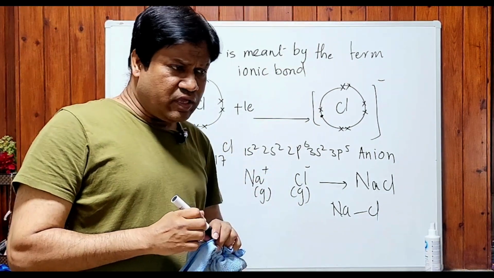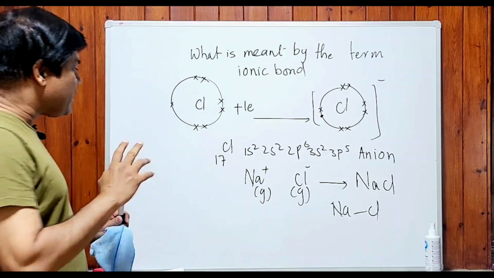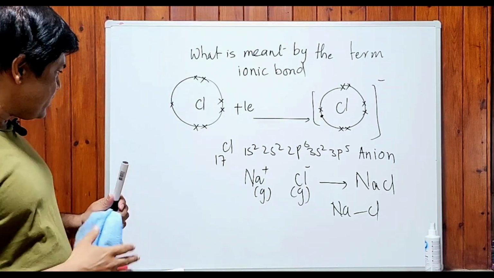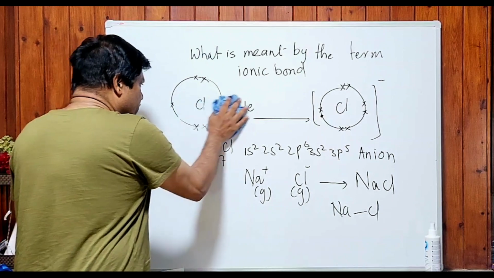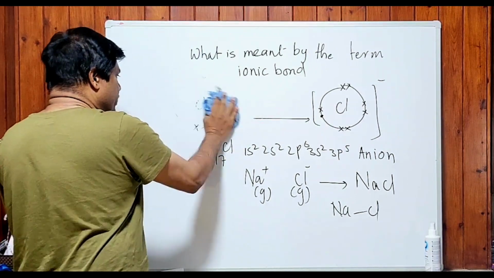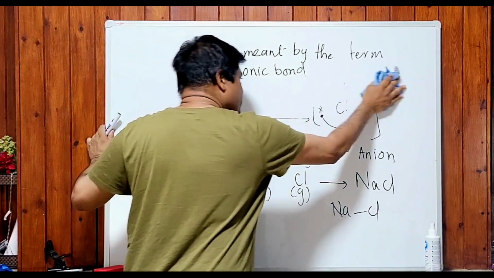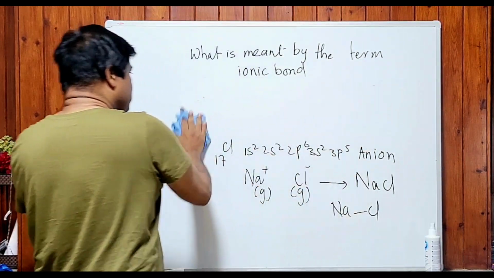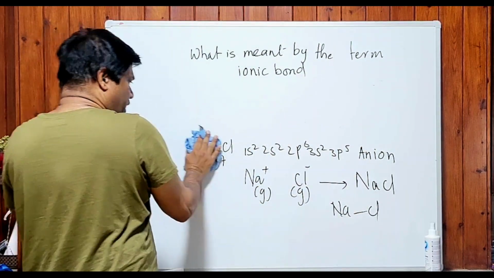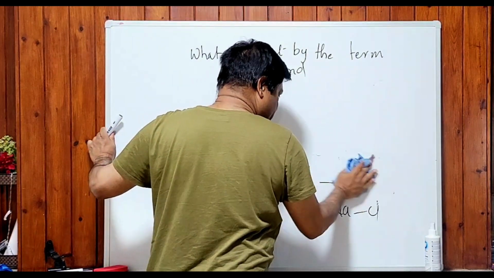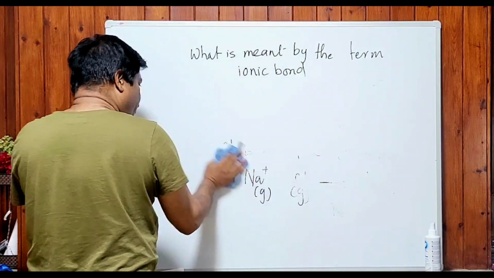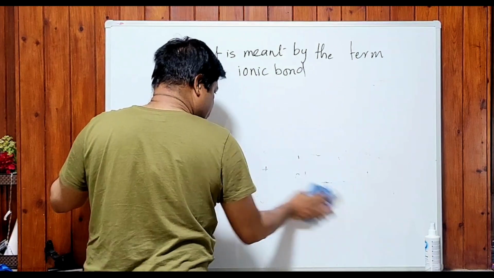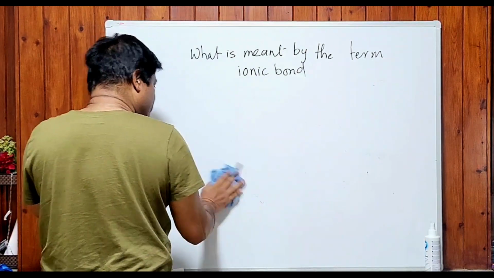So it is an electrostatic... Now write down the definition of an ionic bond, and we will see what factors help in making an ionic bond. Let's see the physical and chemical properties later on.